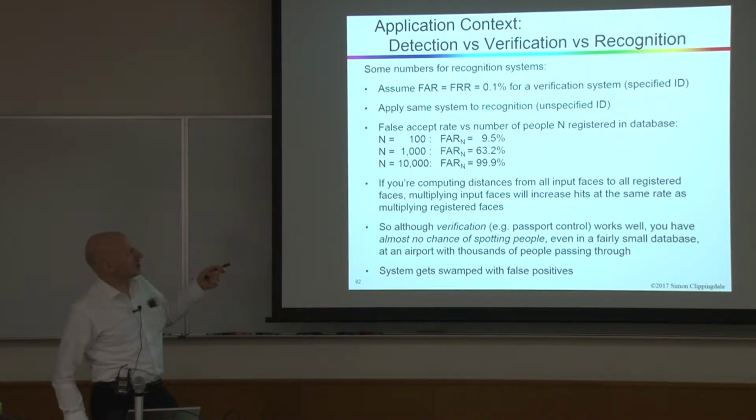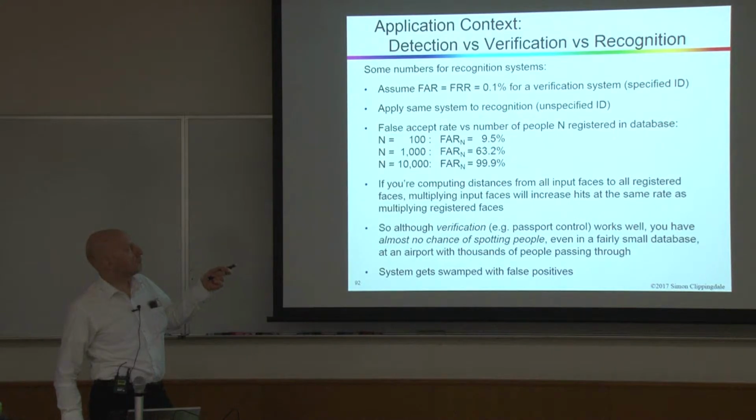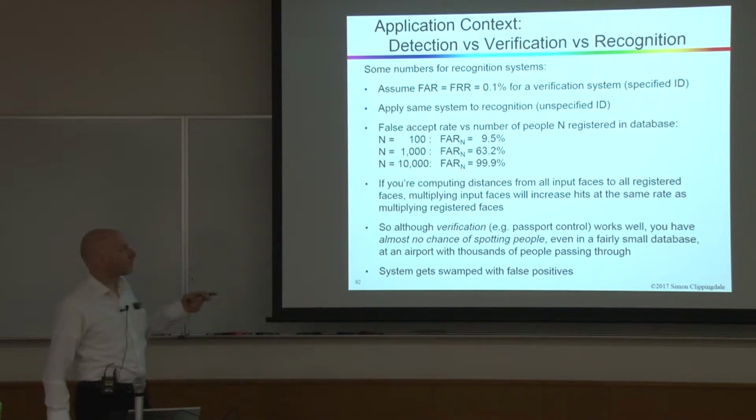If you apply that same system naively to recognition, trying to identify any of n people in the input, if you have 100 people in your database, your false accept rate is going to go up to nearly 10%. 1,000 people in your database, 63% of the time the system's going to be wrong. 10,000 people in your database, your false accept rate is 99.9%, and so the utility of the system is almost nothing.